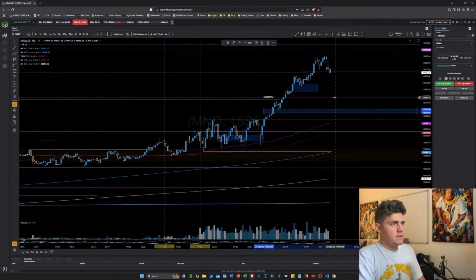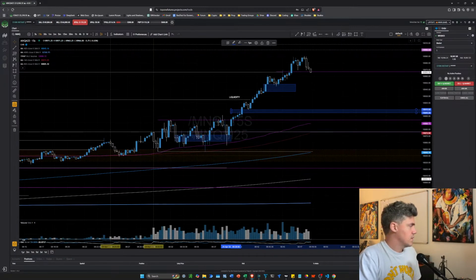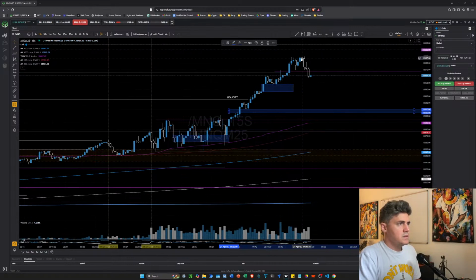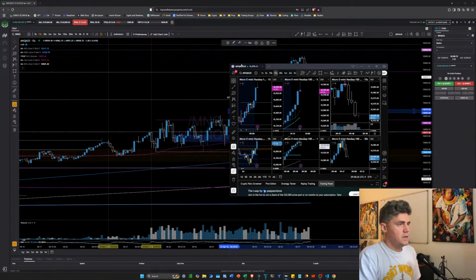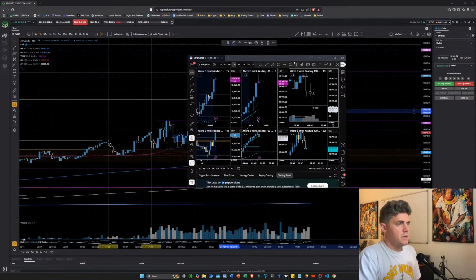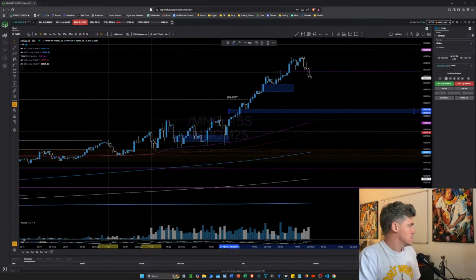Back down to the 15-second. This is a reversal bar. In case you don't believe me. Purple, there it is.